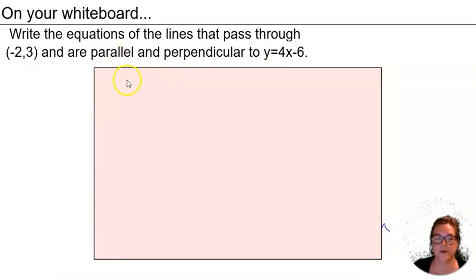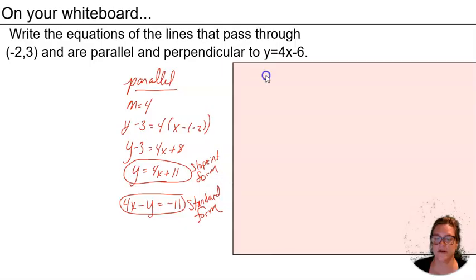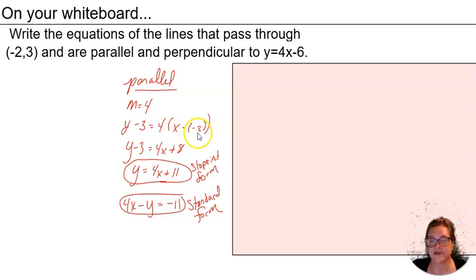Okay, so when we look for the equation of the parallel line, we use the same slope. So the slope is 4. We use the -2, 3 as our x1, y1, and point slope form then is y minus 3 equals 4 times the quantity x minus -2. In slope-intercept form, we're going to distribute that 4 over the parentheses, add the 3, and we get 4x plus 11.